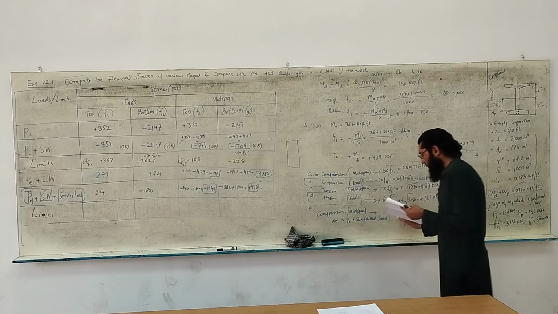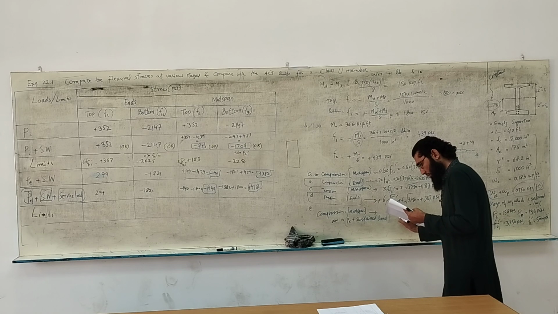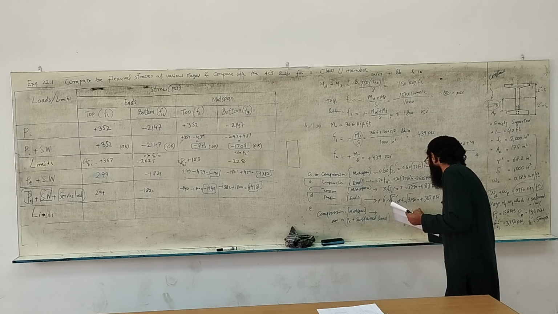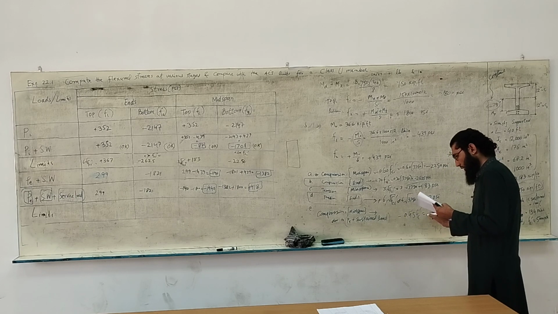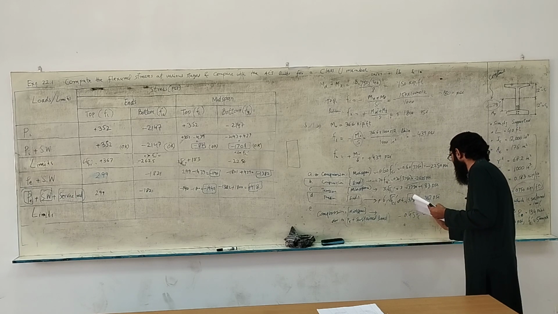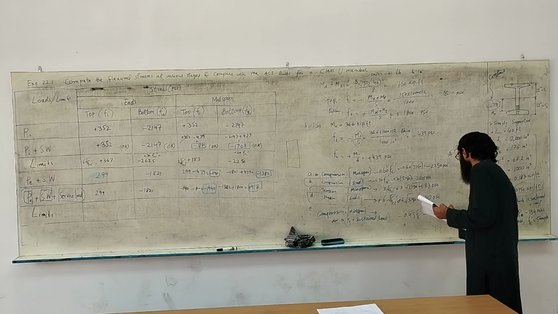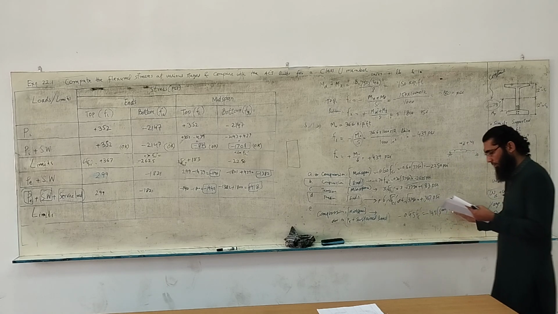Okay, so now the limit is minus 0.45 fc prime, not fci prime. So it is 0.45 of 5,000.